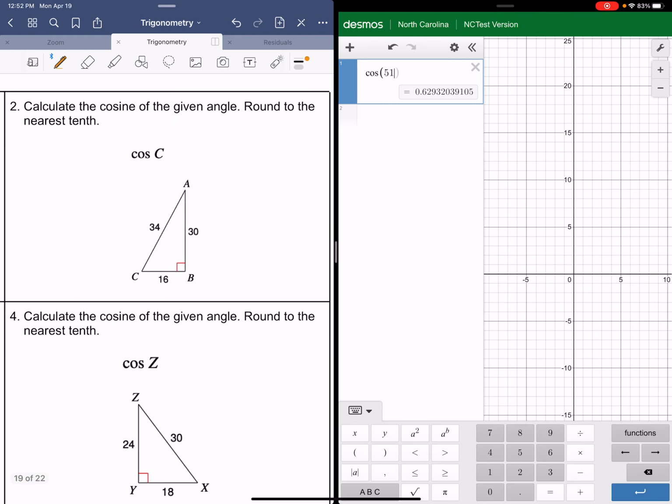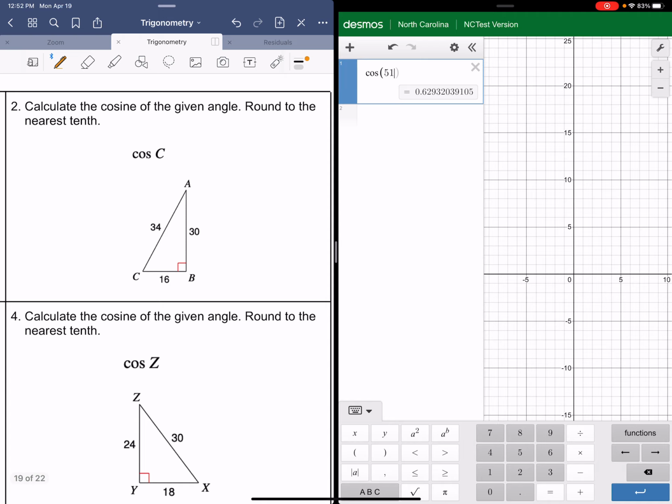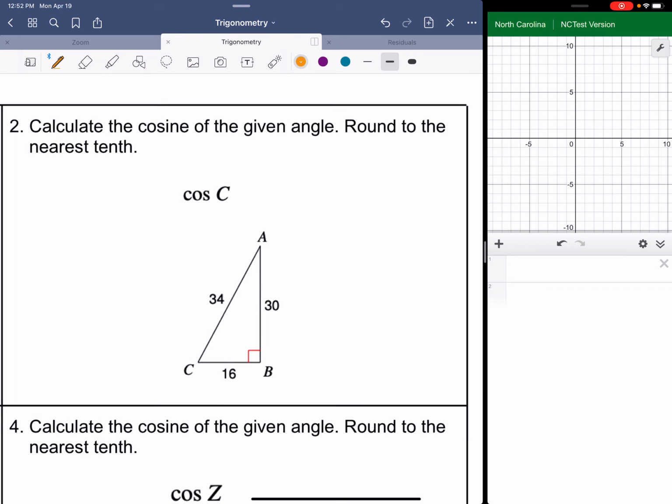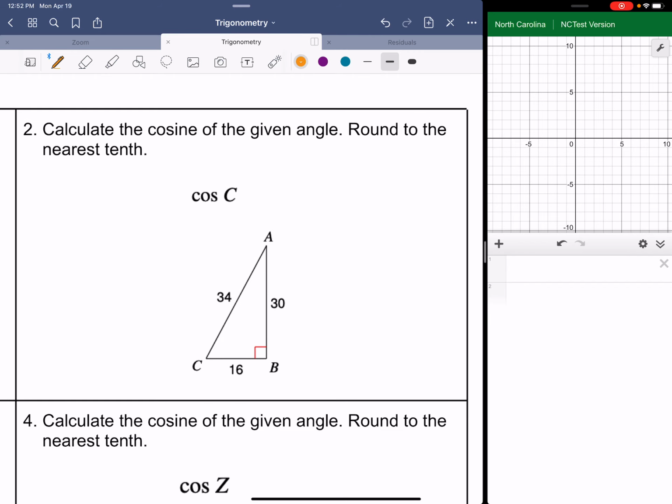Okay, number 2. We're going to calculate the cosine of this given angle, which is C. So the cosine of C, so we're looking from this angle. Now remember, cosine is always the adjacent over the hypotenuse.